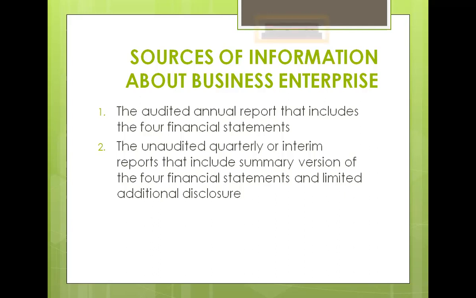Second one is the unaudited quarterly or interim reports that include a summary version of the 4 financial statements and limited additional disclosure. All other registered corporations and partnerships are likewise required to file annually audited financial statements with accompanying explanatory notes with the SEC.